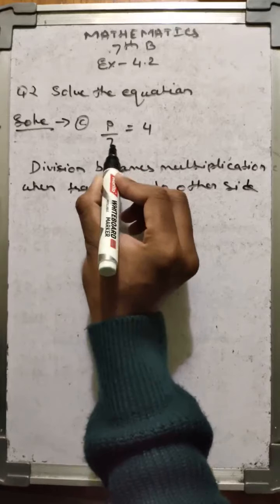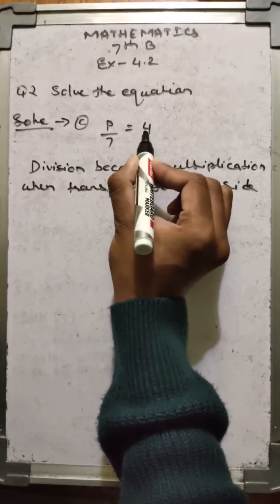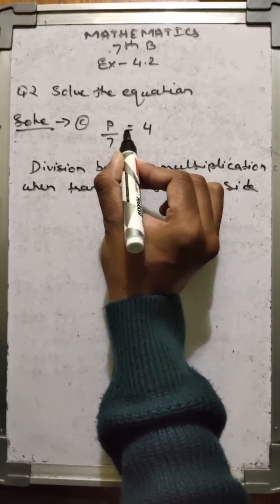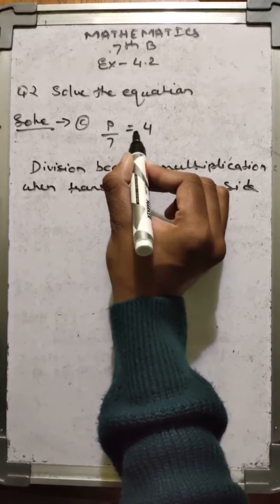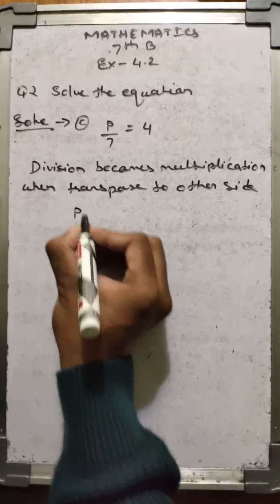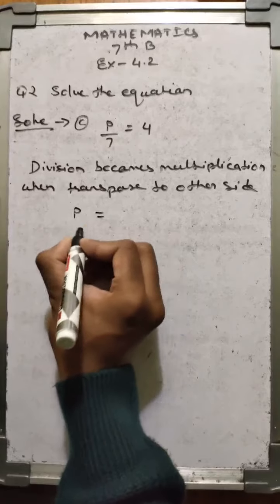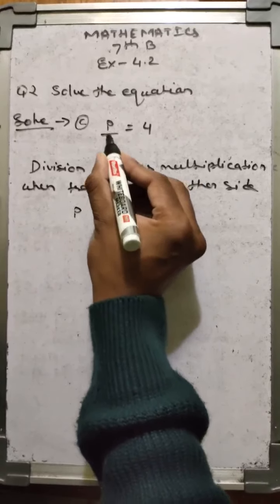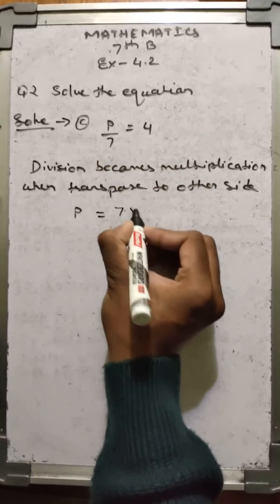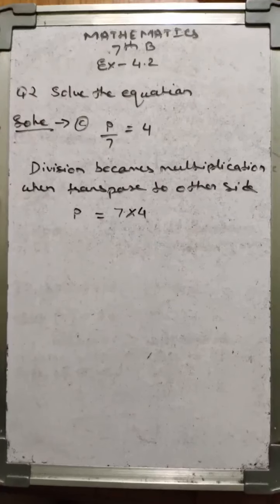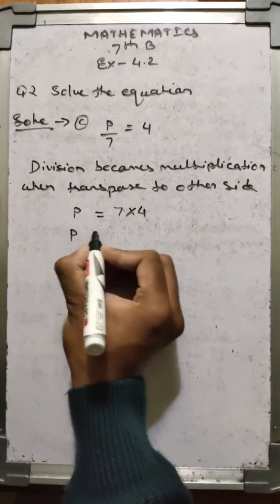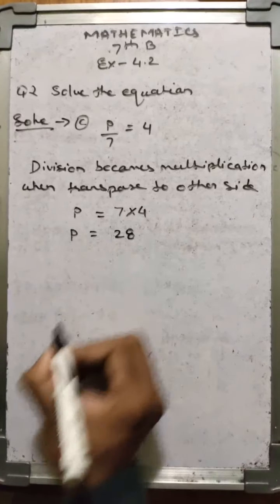What we are doing here is transposing the 7 to the other side of the equality sign, so p will become alone, which is our purpose, and this division will become multiplication with the other side number. So we will get the value of p is equal to 28.